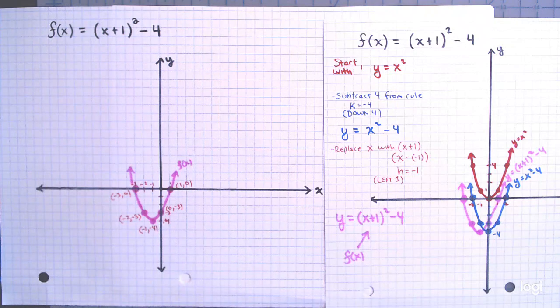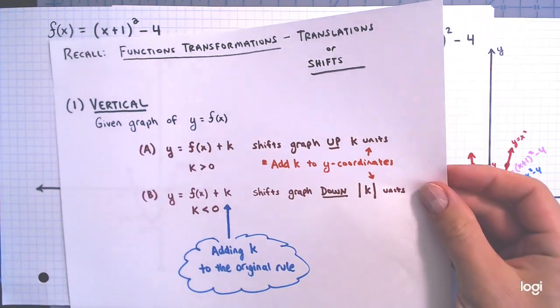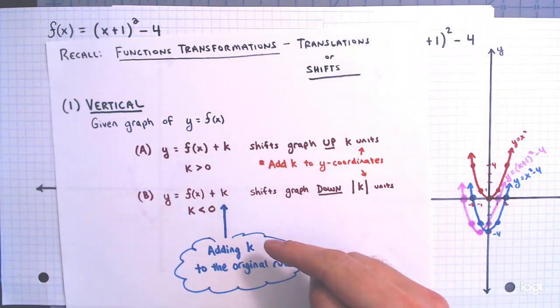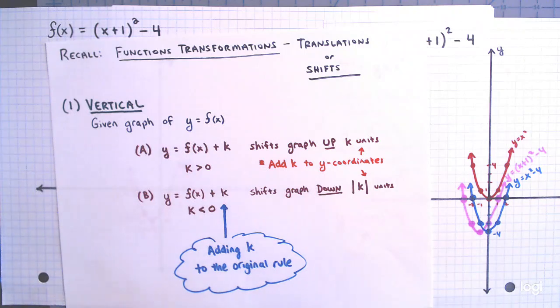Wonderful. All right. So again, the big things to take away from this video are: when do transformations occur? You have to basically keep track of how you're changing the rule. If you're just simply adding a number to that original rule, the graph will move up or down.